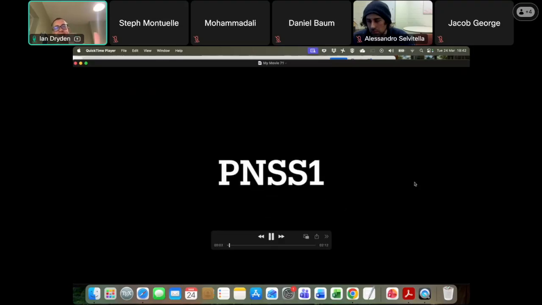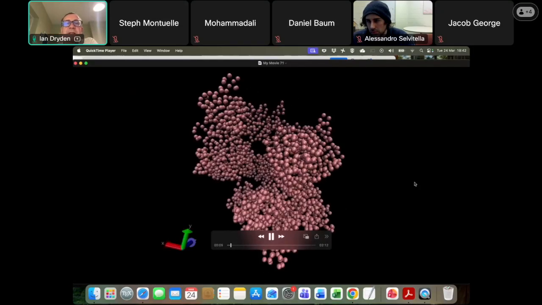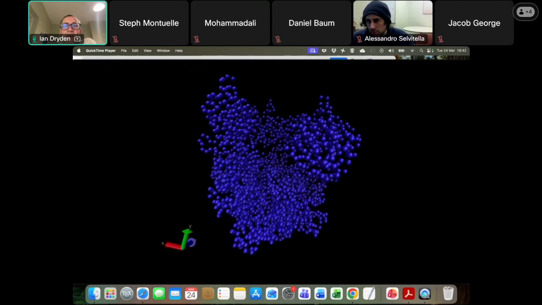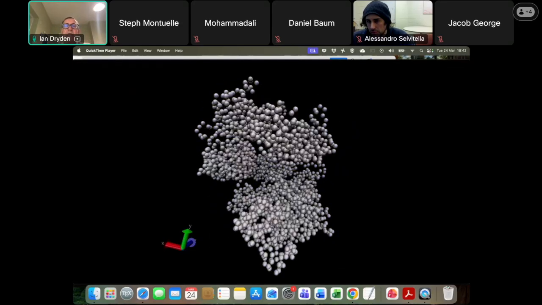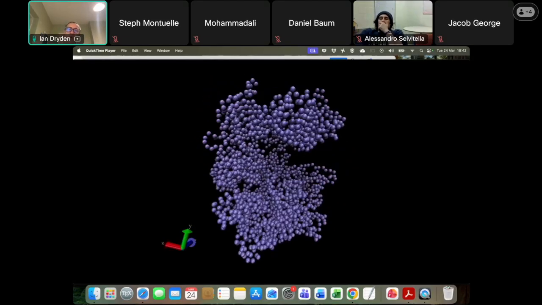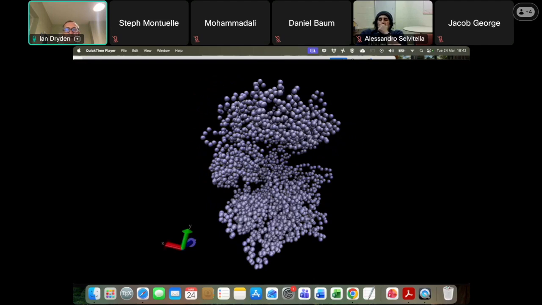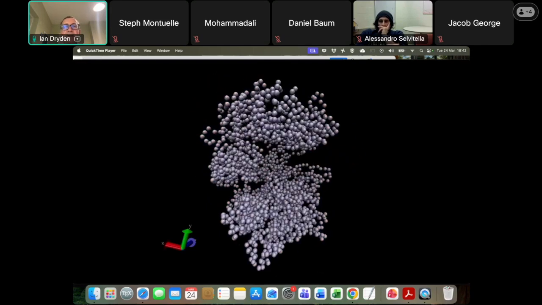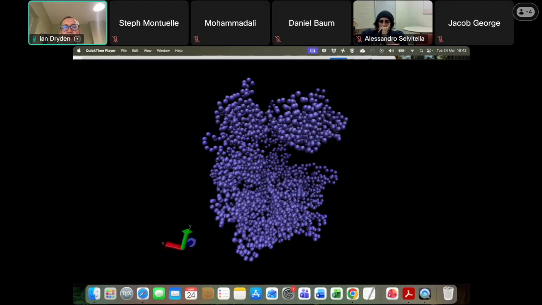So this is PNS, shape PNS, and this is going through from the positive to the negative PNS score, and it almost looks like it's dancing. You can clearly see the arms closing and then opening.